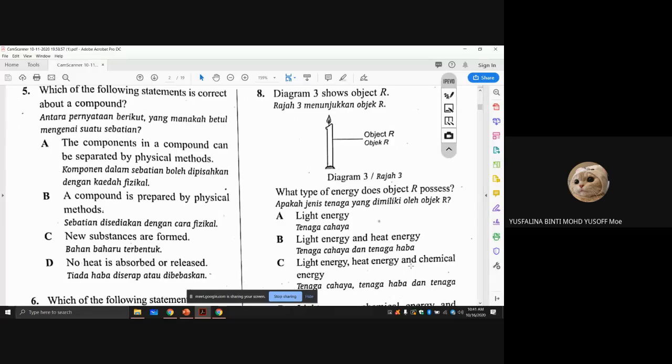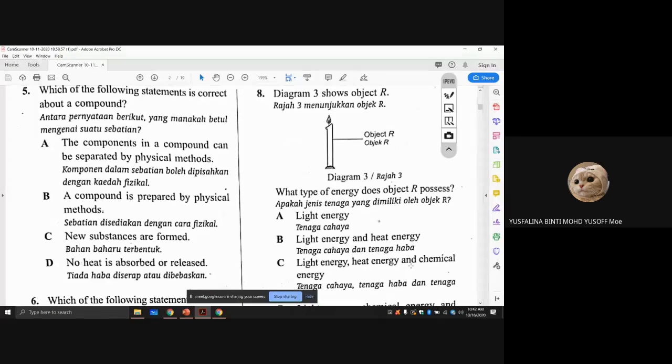Let's say you want to go up using stairs. First, your body must have chemical energy from the food we eat. Then when you go up the stairs, the chemical energy turns to kinetic energy, because you start to move.